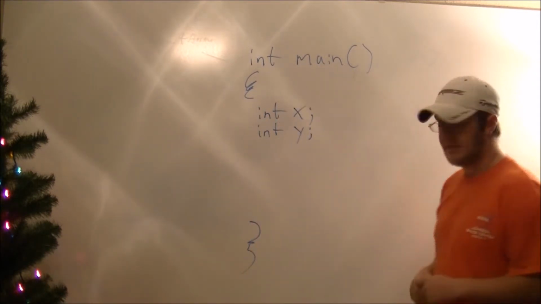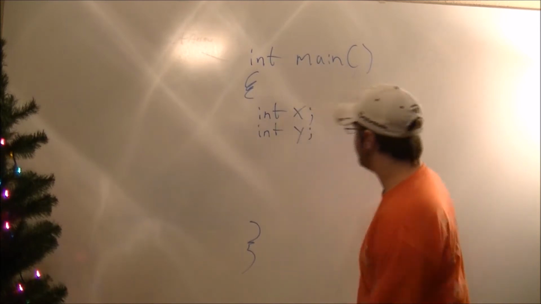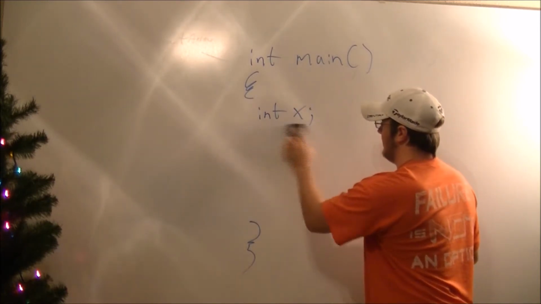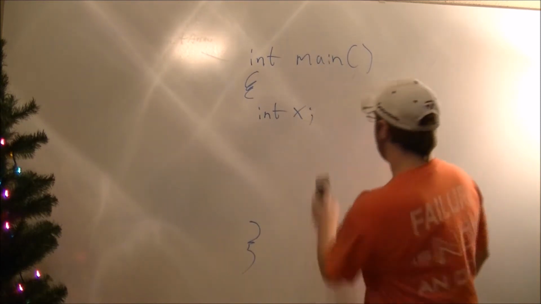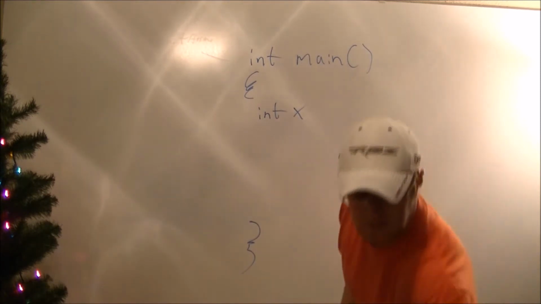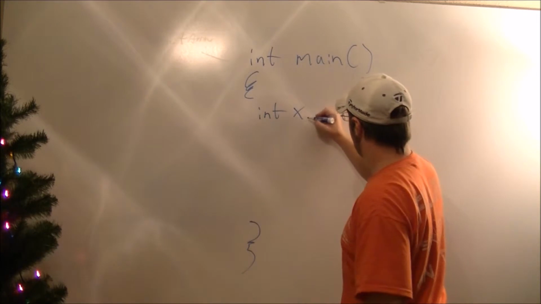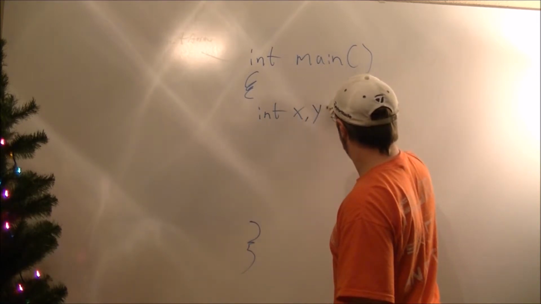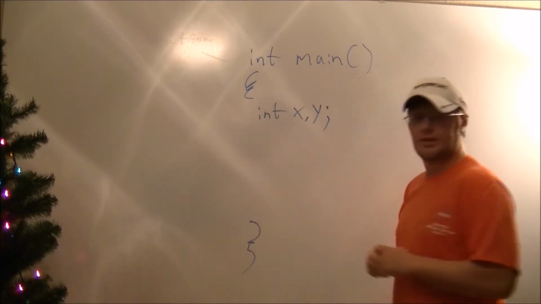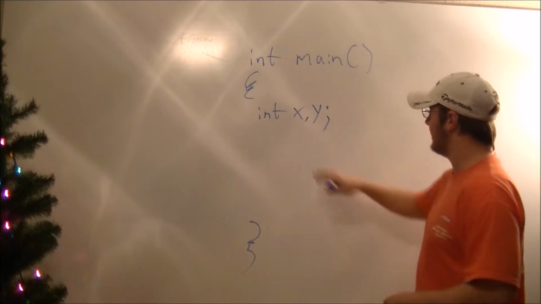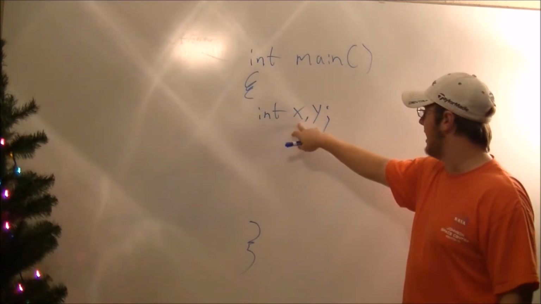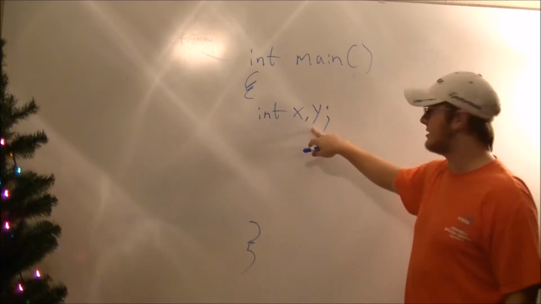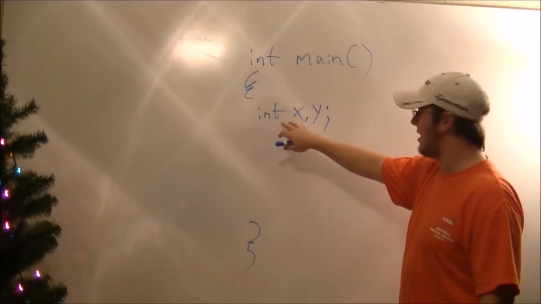Another option is, instead of doing it like this, especially if the variables are related, sometimes it's easier just to do something like that. And you can declare two of them at the same time, letting them know that we need an integer sized box for an X variable and an integer sized box to store a Y variable.